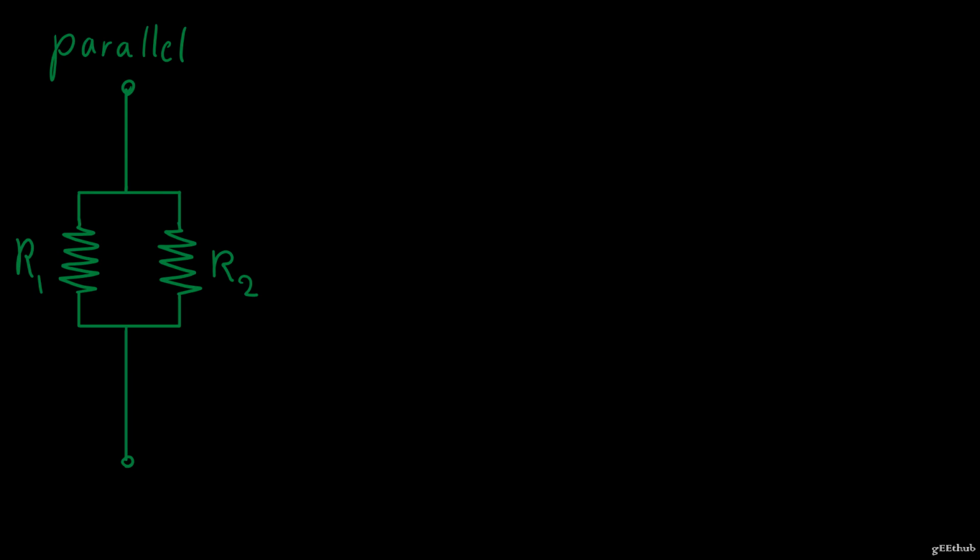And similarly, when two resistors share both their terminals together, they are called resistors in parallel. So again, we want to know what the entire resistance of the circuit is, so we're going to place an ohm meter.